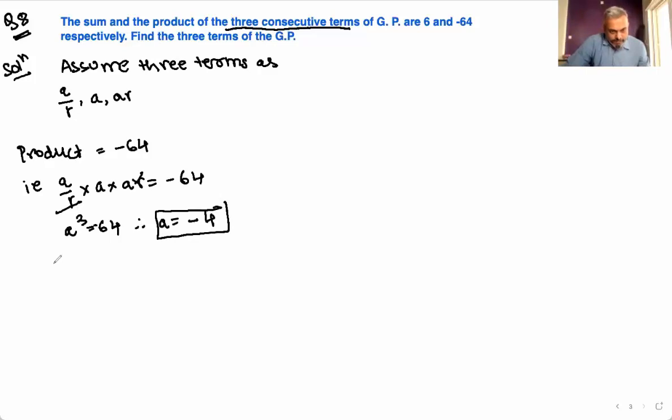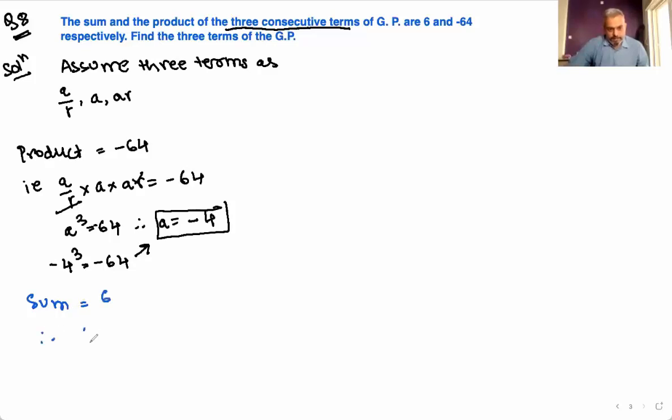Or you can write it in one step: minus 4 raised to 3 is minus 64. Therefore, A is equal to minus 4. Now, we got A. Now, we go for the sum. Sum is equal to 6.